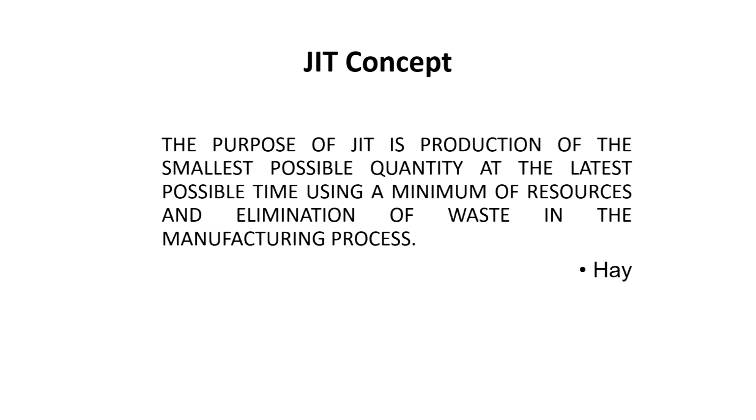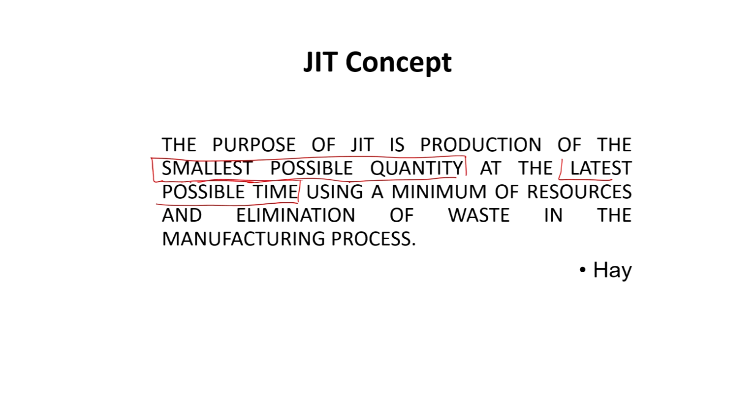The purpose of the JIT is production of the smallest possible quantity. If we have rapid and smooth flow, I can produce the smallest possible quantity. That means, if a customer is asking for 1 unit, I am in a position to produce 1 unit efficiently, without any increase in the cost and at the latest possible time. That is the crux of this.